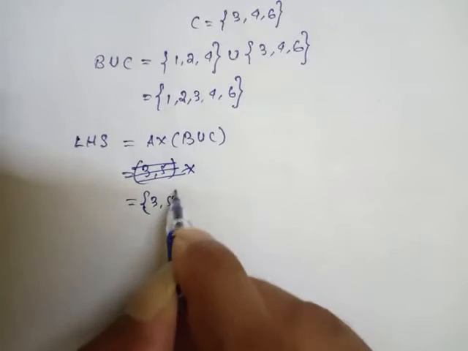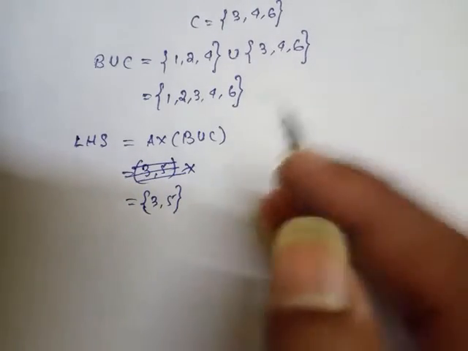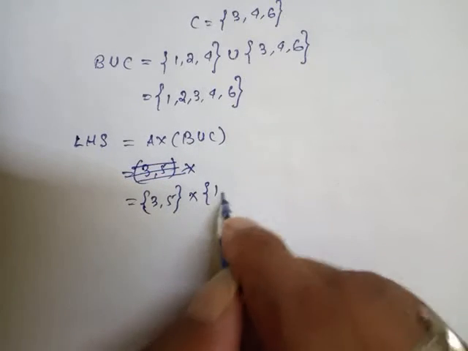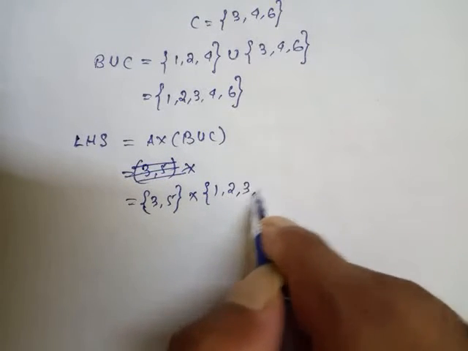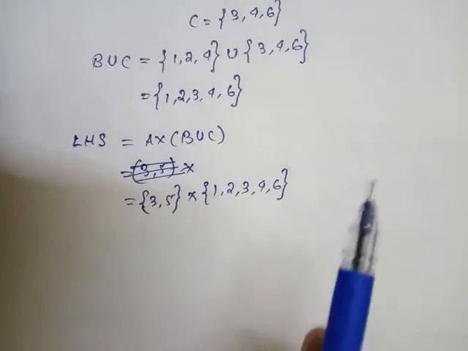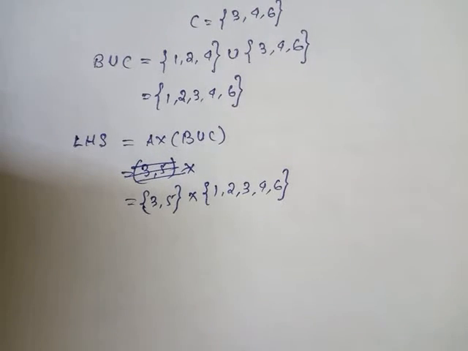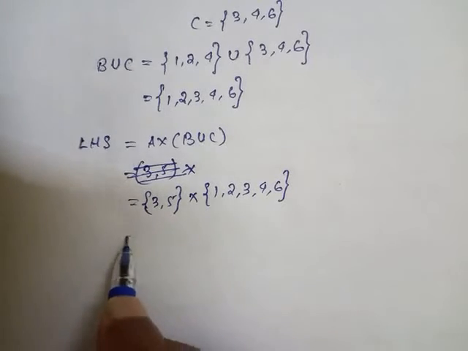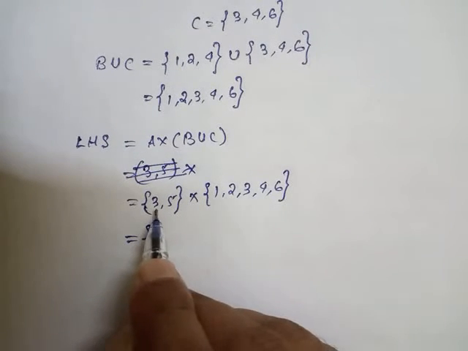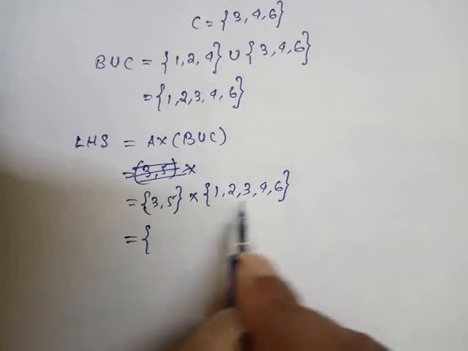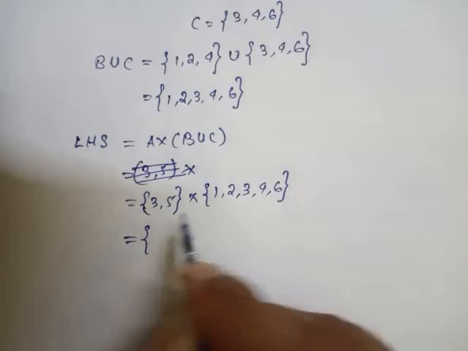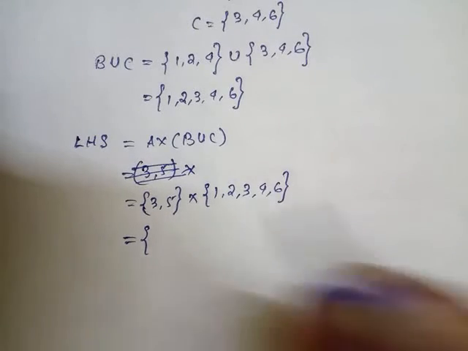So 3 comma 5, product, and B union C, the values are 1 comma 2 comma 3 comma 4 comma 6. This is the value of B union C. Now we'll go for the multiplication, which means product. First of all, the element 3 of A, we multiply with all the elements of B union C. Similarly, the element 5, we multiply with all the elements of B union C.